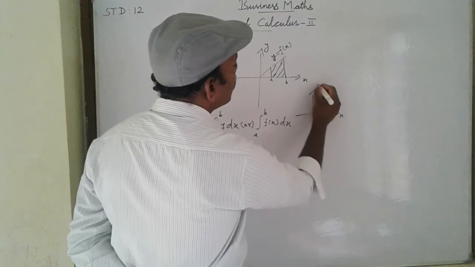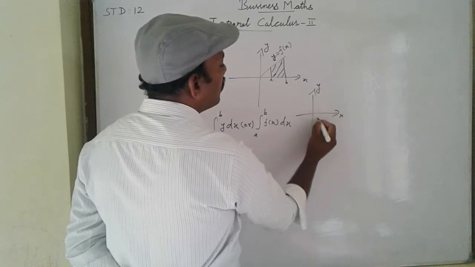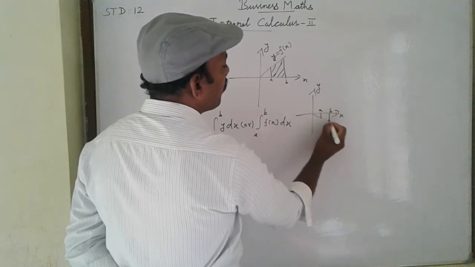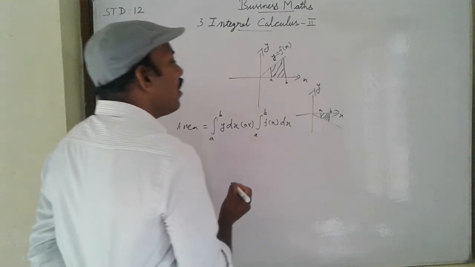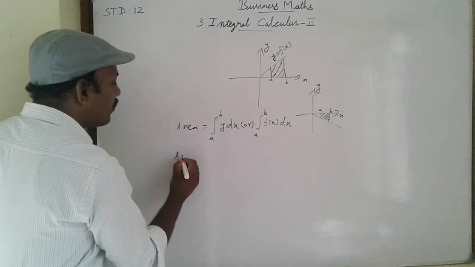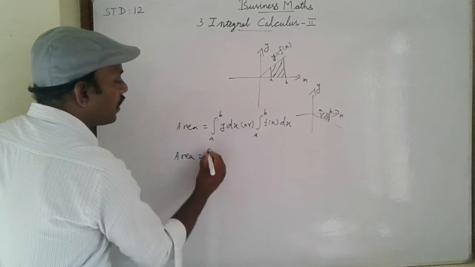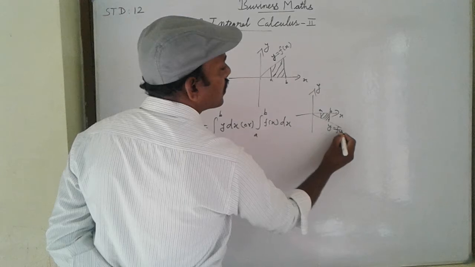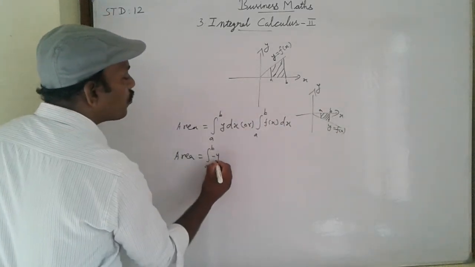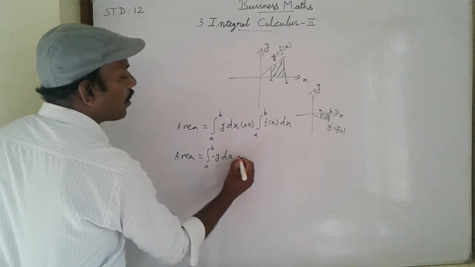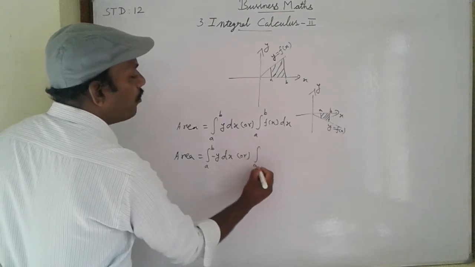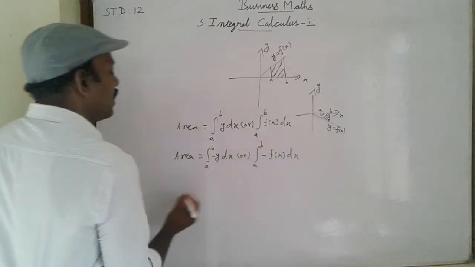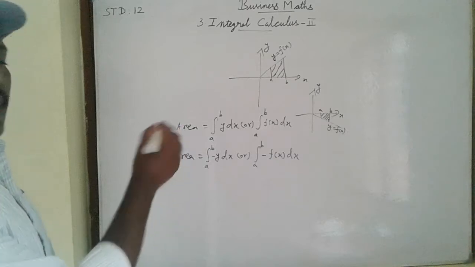We should take the x-axis and y-axis, and find out this area between A and B. Then the formula is area equal to the integral from a to b of minus y into dx, where y equal to f of x is the function, or the integral from a to b of minus f of x into dx. This is the area formula for the x-axis.